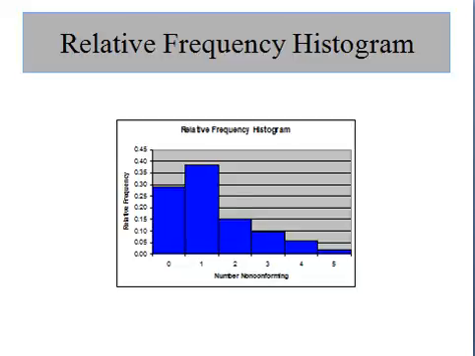Okay, let's talk about histogram. So consider data consisting of observation on a discrete variable x. The frequency of any particular x value is the number of times that value occurs in my whole data set, right?